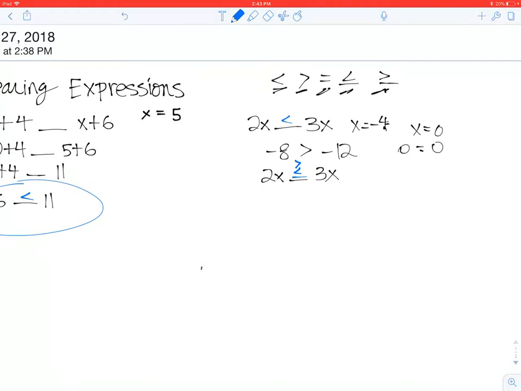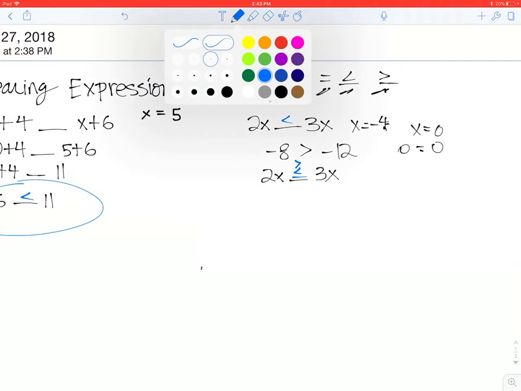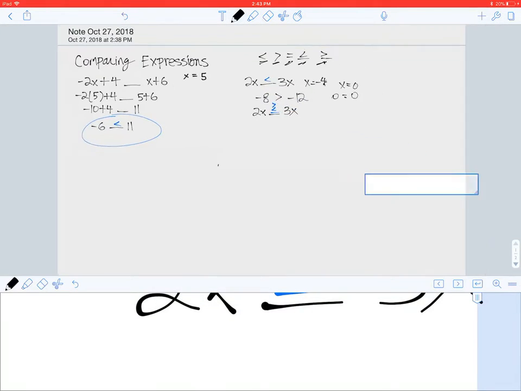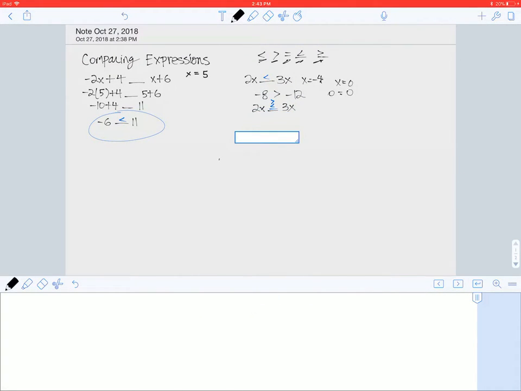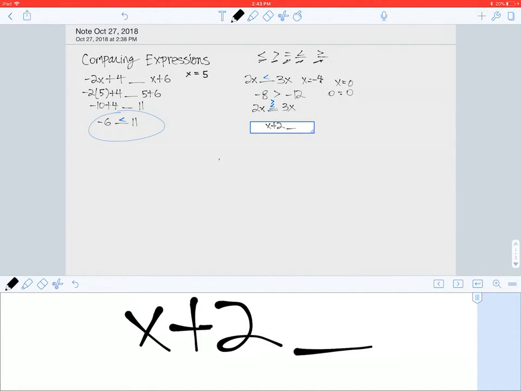However, there are some general expressions that are not always all three types of comparison. What if we had x plus 2 and x plus 4?